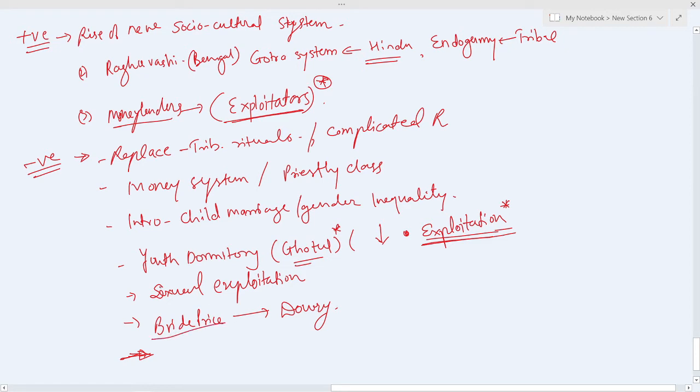The exploitation was first monetary. When this couldn't continue, it turned into bonded labor, and many times into sexual exploitation. The obvious result was poverty and exploitation.